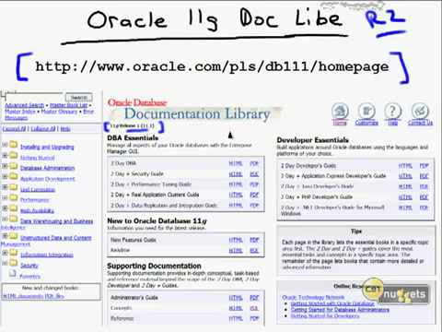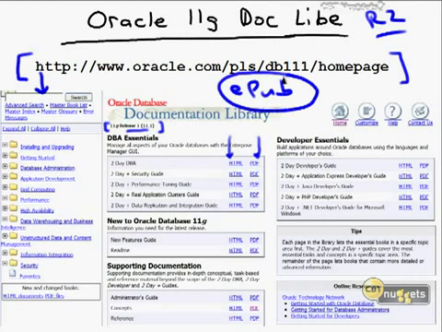The documentation library is fantastic because, number one, I find the search facility to be very accurate and very nice. You can do a search across all books or just within a specific title, and then we have direct links either to the online HTML representation or PDF download links to the most popular documents. And I've found more recently that once you open one of these documents, you can actually download it as the EPUB format.